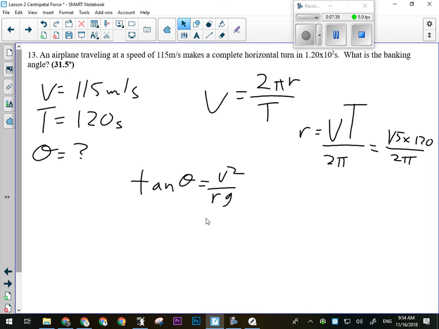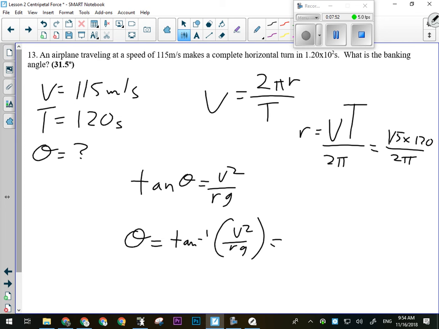Now that I know that, I can use my bank curve formula to find the banking angle. To find the banking angle, I'm going to go tan to the -1 of V squared over R times G. So that'll be 115 squared divided by our 2,196, times 9.81.